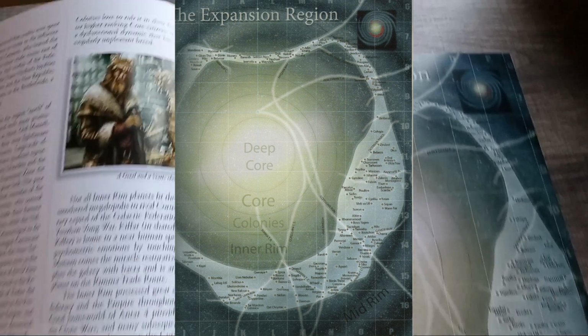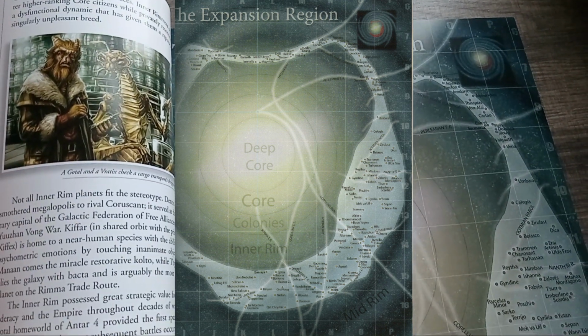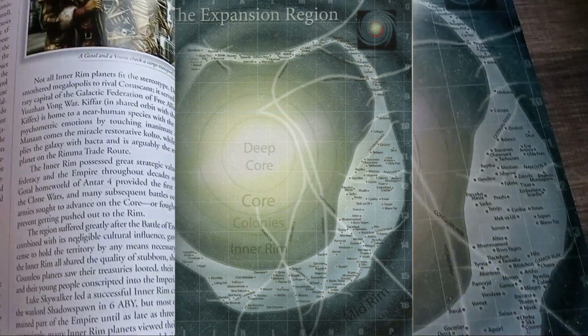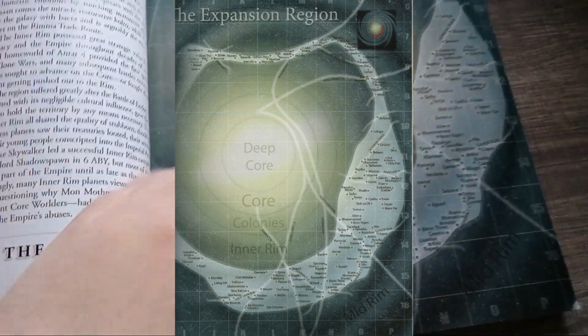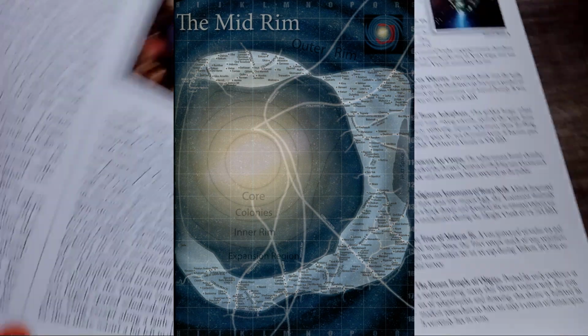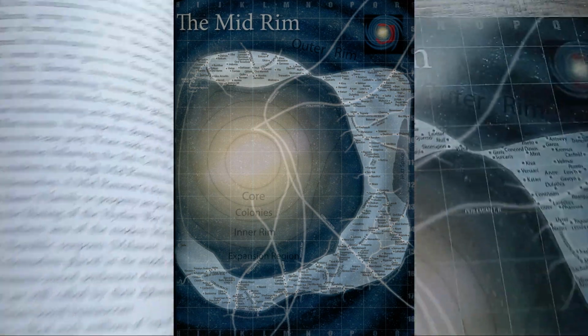And then you have the expansion region. Got anything? It's Umbara. Ooh, Umbara, cool. Utan. Alantine. Remordia. And then next up is the mid-rim. So let's see if we have anything.